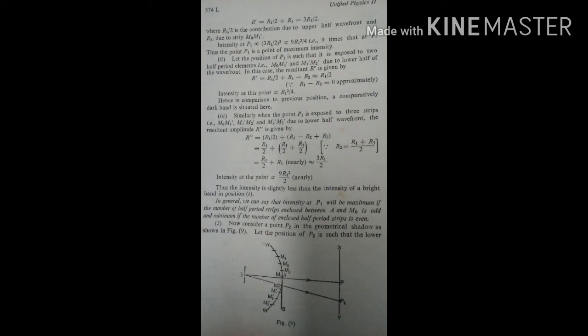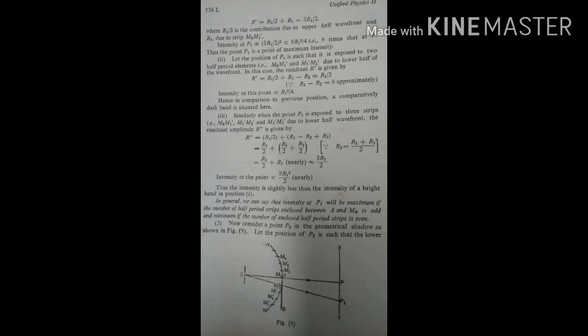Intensity at P1 is directly proportional to (3R1/2)², that is 9 times that at P. Thus, the point P1 is a point of maximum intensity.